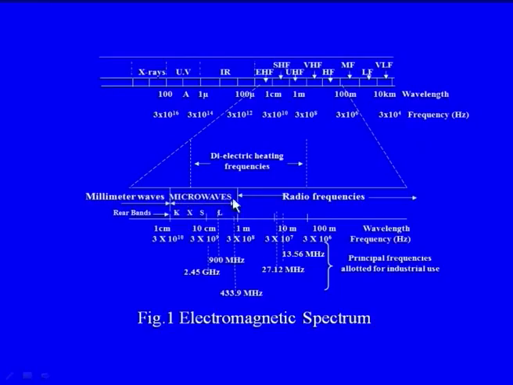So, this comes in the range of 1 centimeter to almost 1 meter. This is the range where we operate, and in this band some frequencies are used for communication, and only a few, say 2.45 gigahertz and 915 megahertz, are used for microwave heating or industrial purposes.